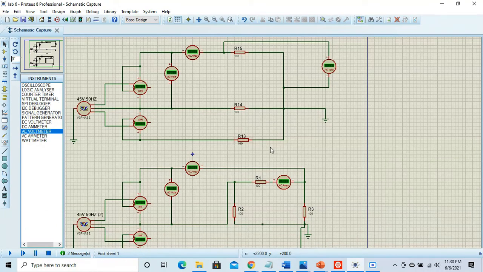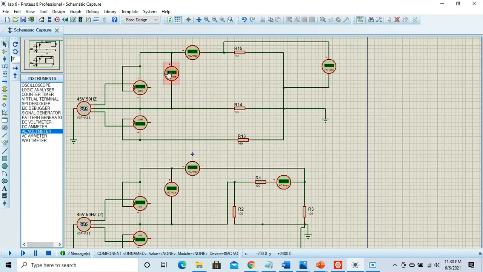For the first one, we put in 45 volts RMS, and then we use 100 ohms, frequency 50 Hz. This is the power meter, which is power 1, power 2, total power. The total power is power 1 plus power 2.